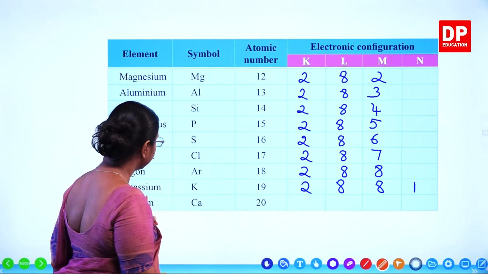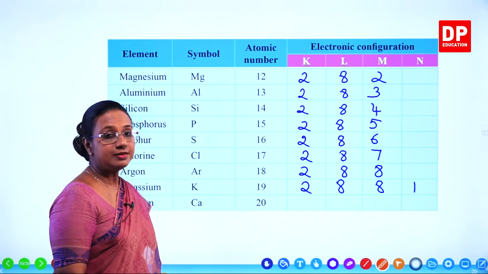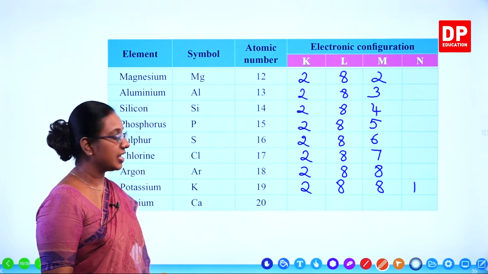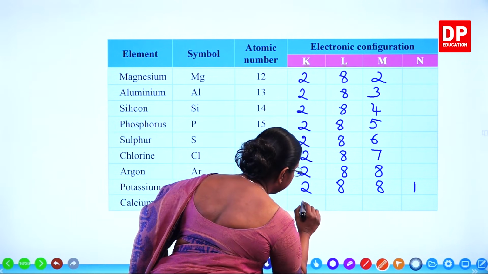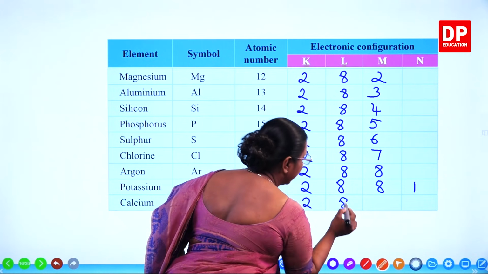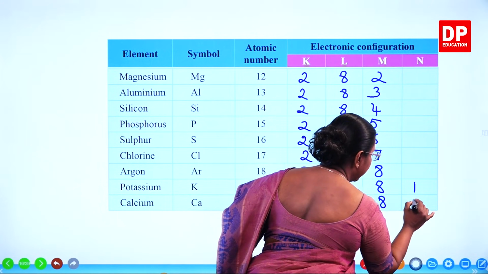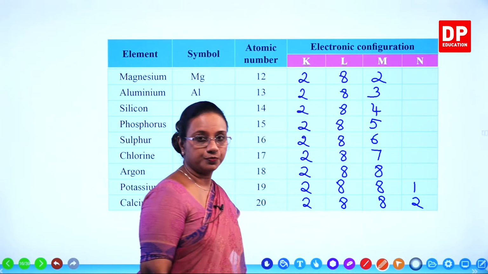Then we look at calcium. 20 atomic number. So 20 protons and electrons. Again we will have 2, 8, can't write 10 there. We have to write this as 8 and 2.